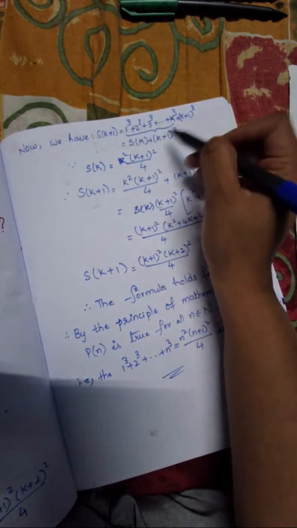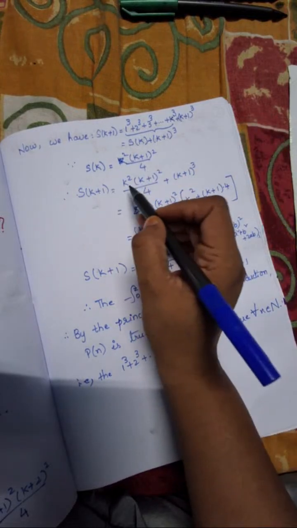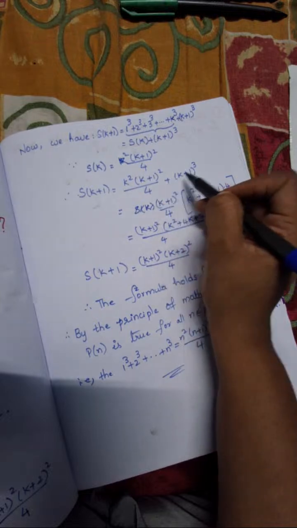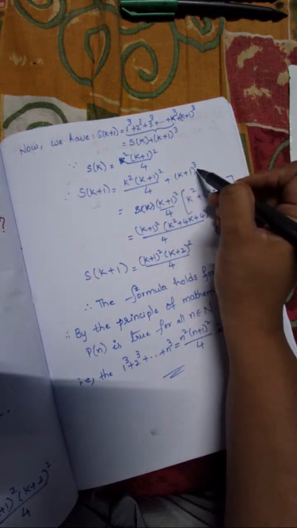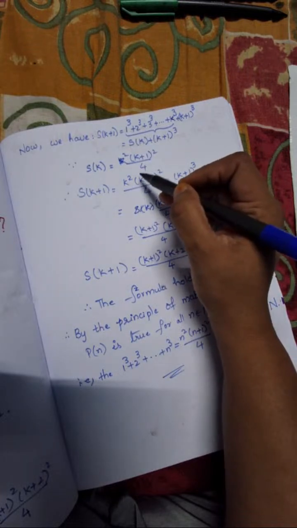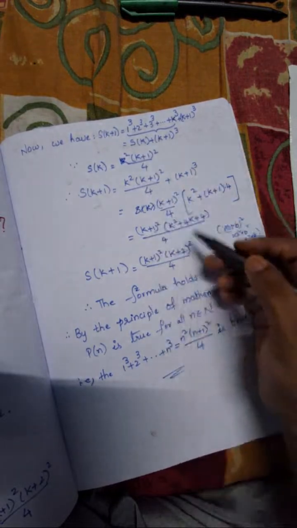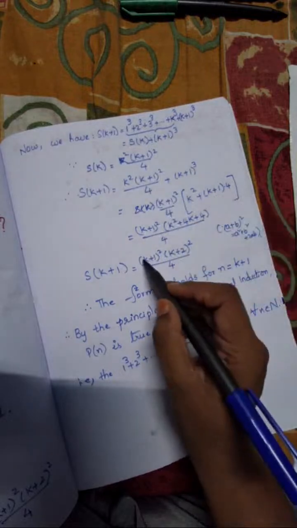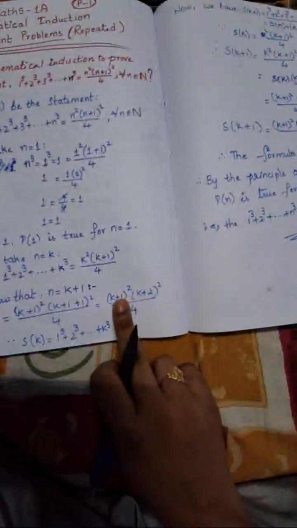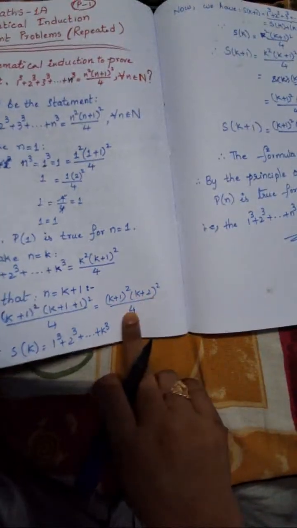Expanding, we get this one: s of k plus 1 is k square, k plus 1 whole square by 4 plus k plus 1 whole cube. For s of k we have the right side value, substitute in this. We have to simplify this, and hence we showed this k plus 1 is equal to k plus 1 whole square, k plus 2 whole square by 4.